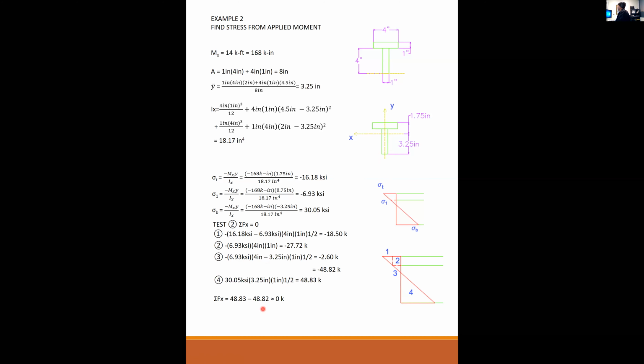Okay, so 48.83 minus 48.82, within round off error of my calculator, is basically equal to 0. Therefore, we have proven that rule number 2 has been abided by. The sum of the forces actually do equal 0. Any questions on what I've done here?